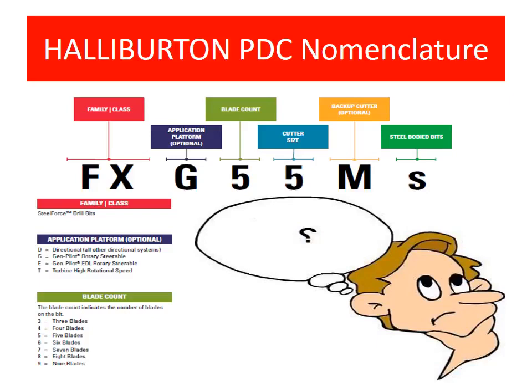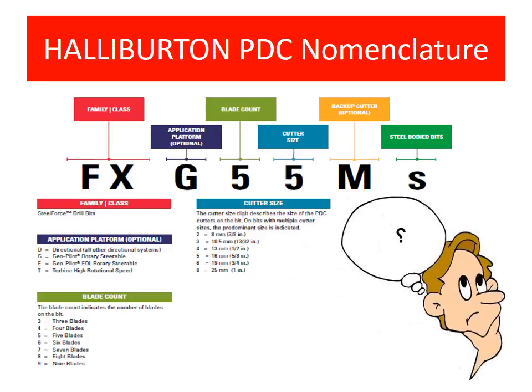The first number, as with the previous companies, is reserved for the number of blades. Here, the second number is a code for the cutter size, and it is very important to have a record which you can refer to, to know exactly what the cutter size is.